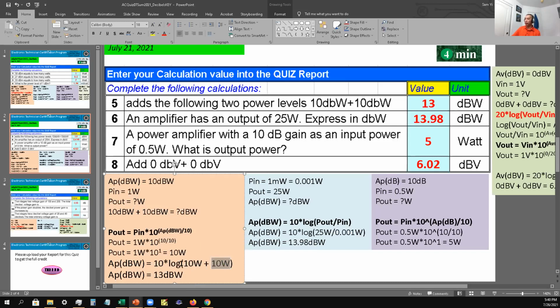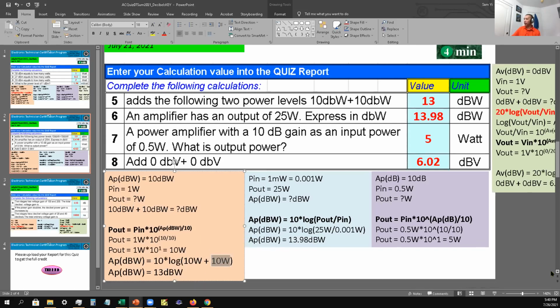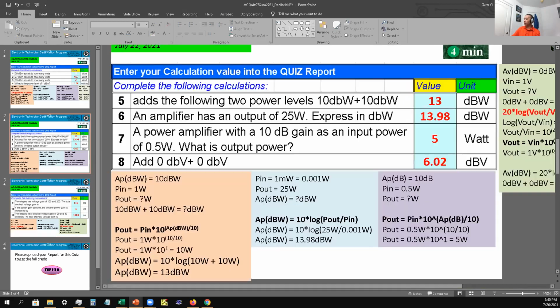That's going to be a total of 20 watt. So 10 times the log of 20, and that should give us 13 dBW. So 10 dBW plus 10 dBW will be 13 dBW, which is right here.